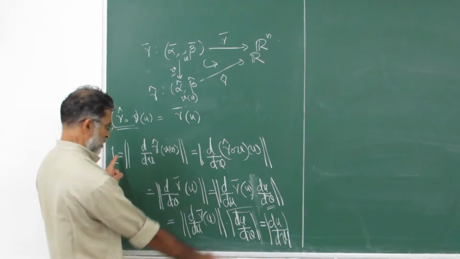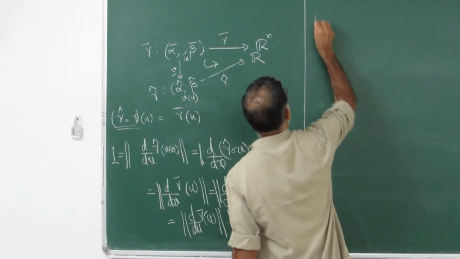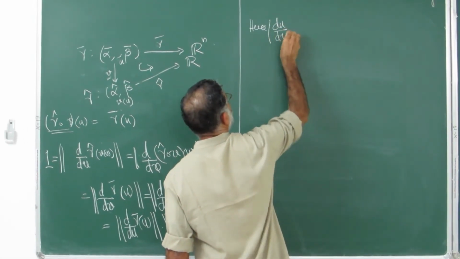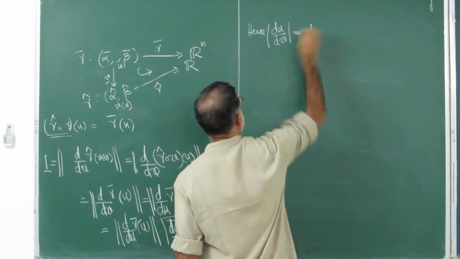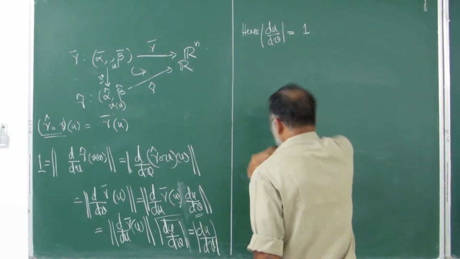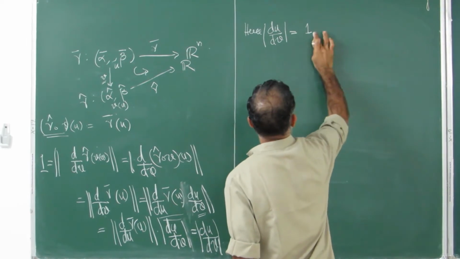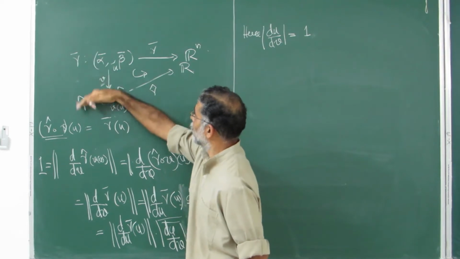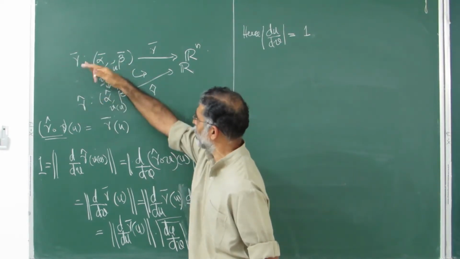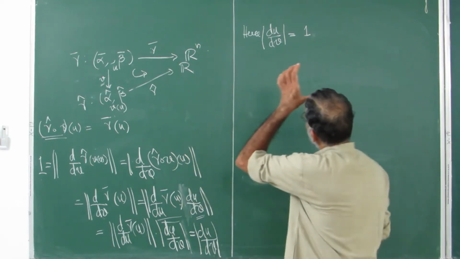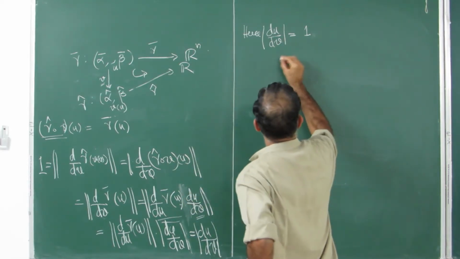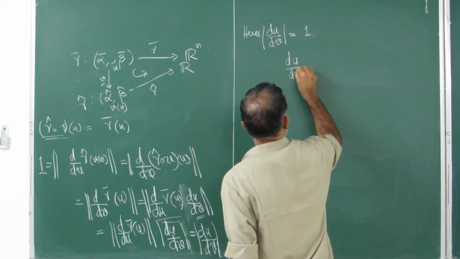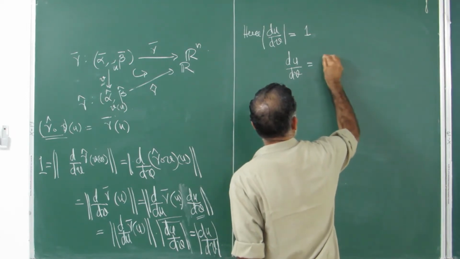Okay. So now you can easily see that modulus of du by dv is actually equal to 1. We have seen this before, but now I am telling you, for any two unit speed parameterizations where we assume one is the reparameterization of the other, they are related like this. So du by dv is equal to, I call it epsilon.